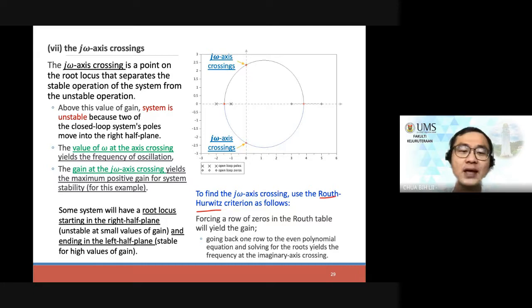Do as what you have learned to find the gain for the stability itself, using the Routh-Hurwitz criterion. Then from there you force a row of 0, because you want it to be unstable, right? You force the row of zeros in the Routh table to find the gain.